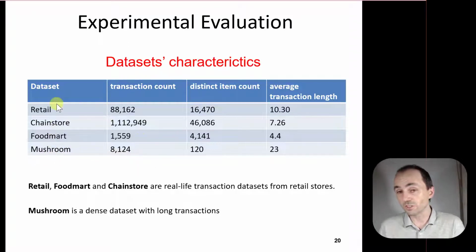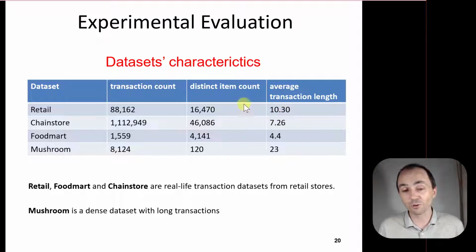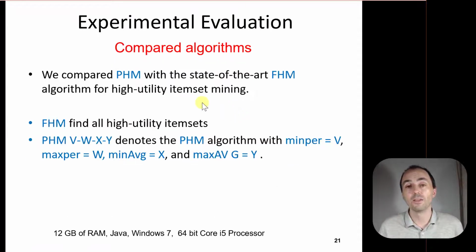So we chose these databases to do the experiments for the time, the memory, and so on. These databases have different characteristics, like the number of transactions. They have different numbers of items, and the transactions have different lengths also. So let's have a look at the experiments.